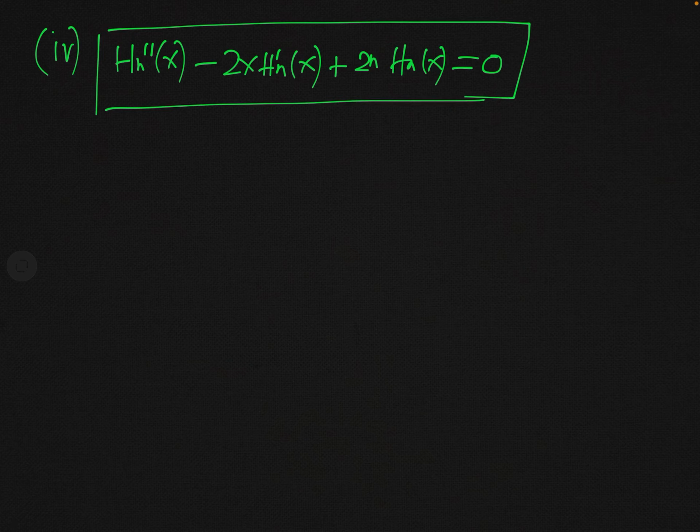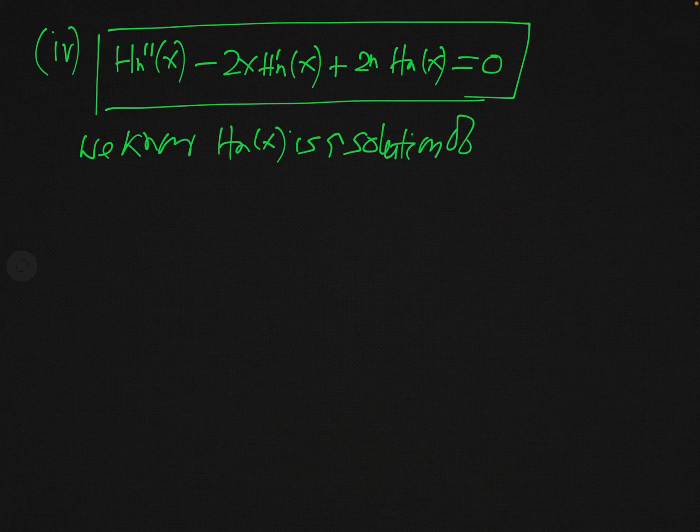So we know that Hn of x is a solution of the Hermite differential equation.